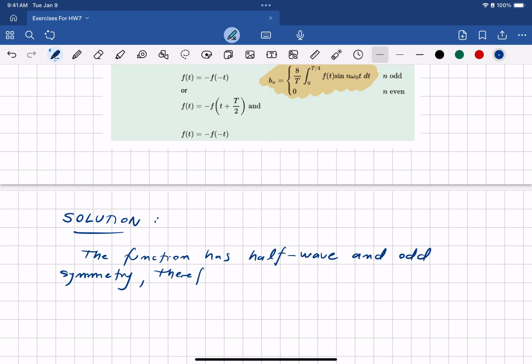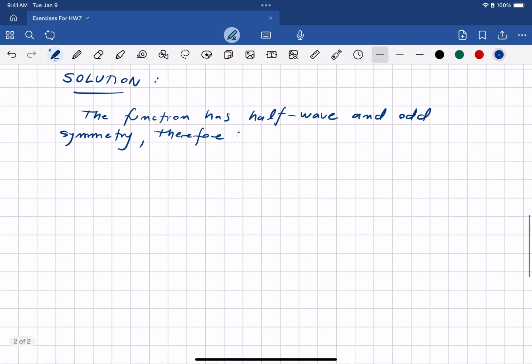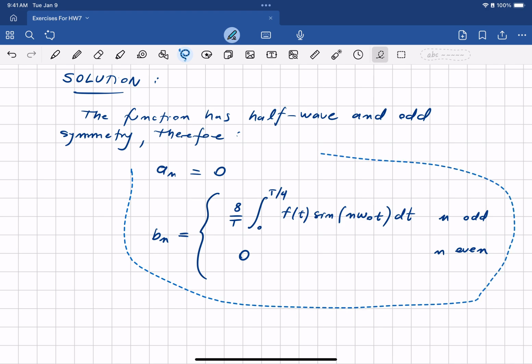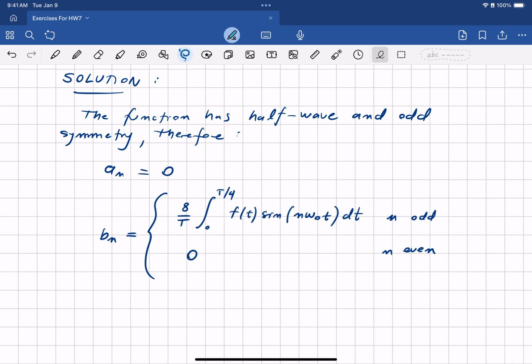Therefore an equals 0. No need to calculate that one. And then bn equals 8 over T times the integral from 0 to T/4 of f of t sine of n omega naught t dt for n odd, and 0 for n even. Those are the two conditions that simplify our calculations for this function.